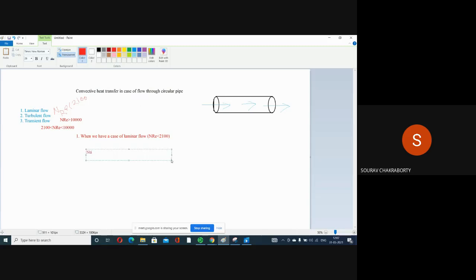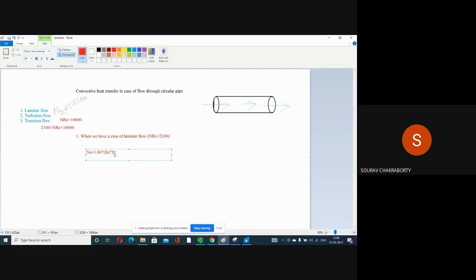Your Nusselt number will be equal to 1.86 into Reynolds number. Here I have denoted Reynolds number as NRE; for simplicity, I am writing it as RE.